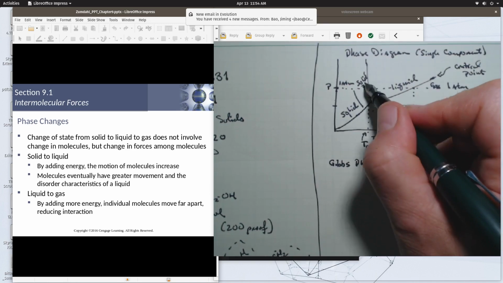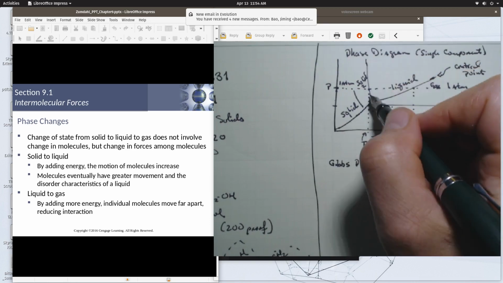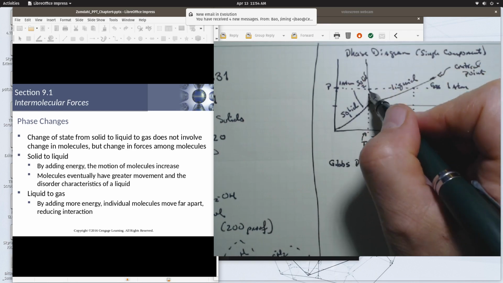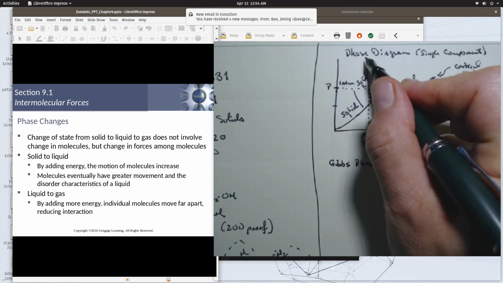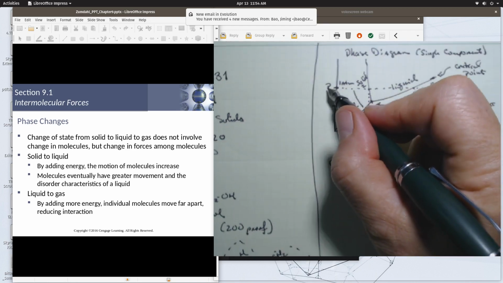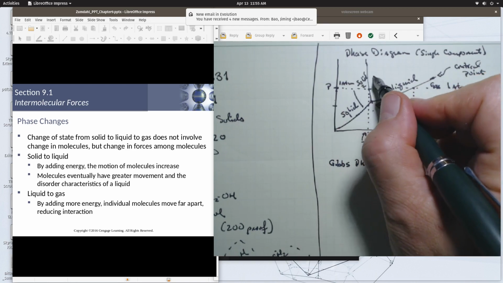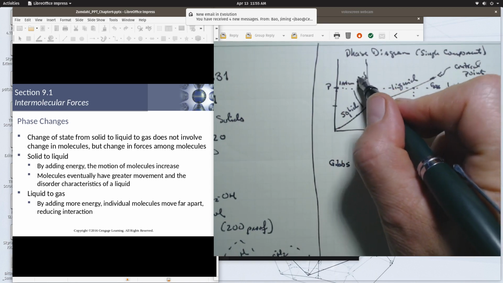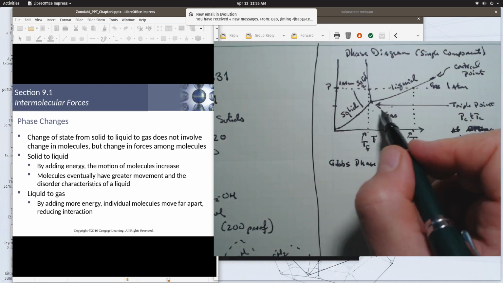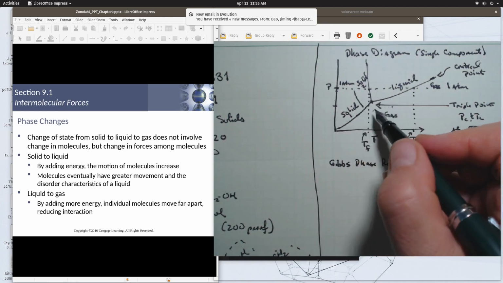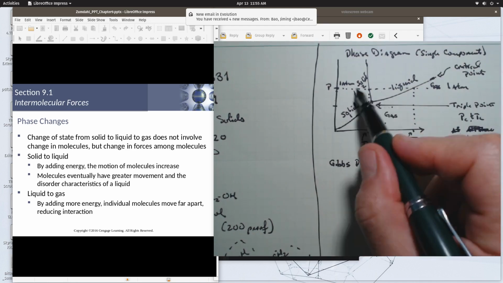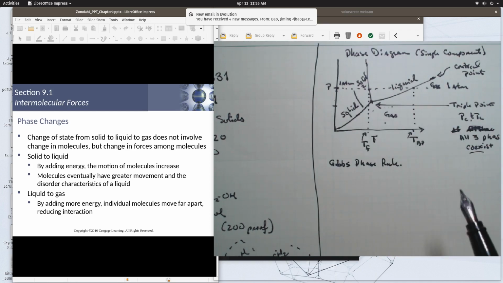And likewise along the solidus line, I have 2 phases in equilibrium, solid and liquid, and consequently I can't freely vary temperature and pressure. In other words, I can't change the temperature without changing the pressure and maintaining the coexistence between these 2 phases, which is what I mean by this. I can't have more than 3 phases in contact and coexistence with each other in a single component system.